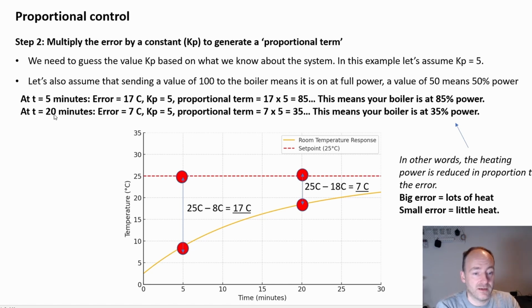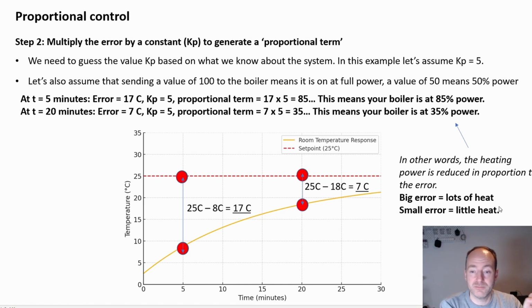Let's have a look now at this time point 5 here. We've got a big error. 17 degrees is a big difference in temperature. To calculate our control parameter, I take that error and multiply it by this constant value. So 17 times 5 is 85. This means the boiler's on at 85% power. It's on quite a lot.